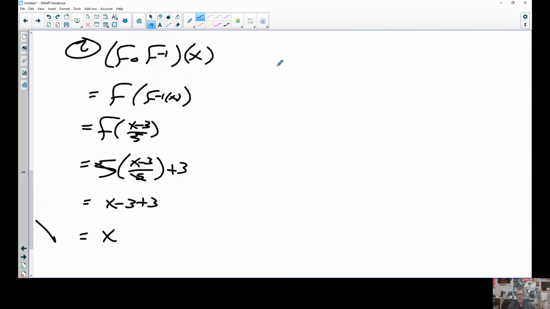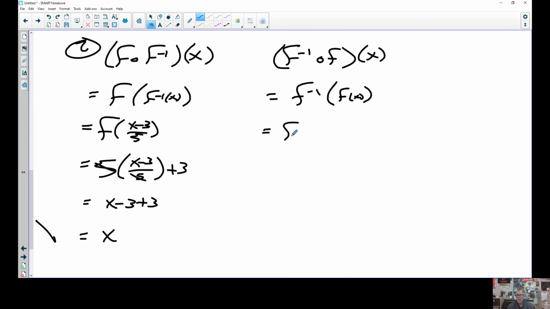So the second part of this is to do f inverse of f of x. Again, just to clarify notation, this is f inverse of 5x plus 3. So that means I take 5x plus 3 and put it in for x in x minus 3 over 5.